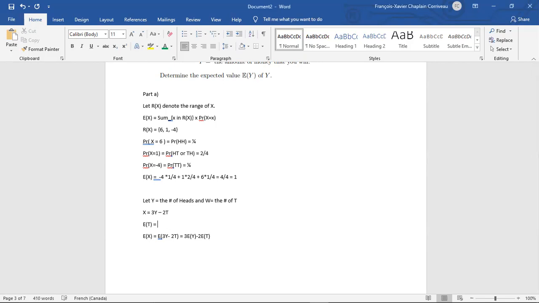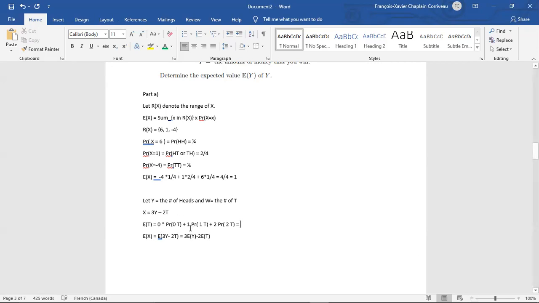How many tails could I have? Either 0, 1, or 2. So the expected value of tails is 0 times the probability that I get no tails, plus 1 times the probability of 1 tail, plus 2 times the probability of 2 tails.